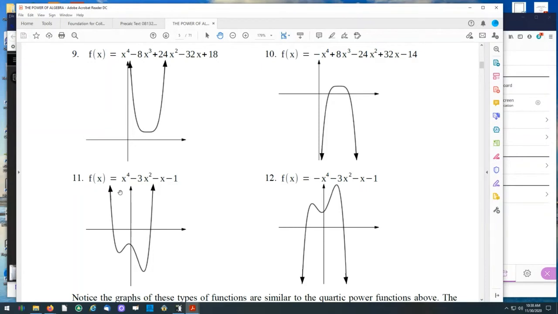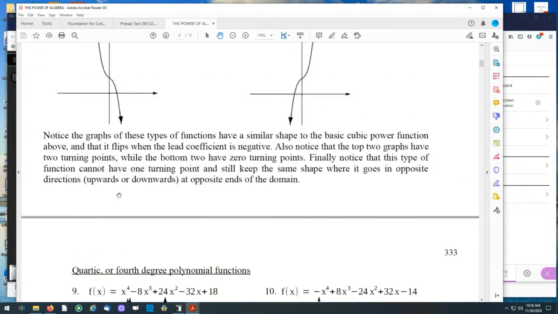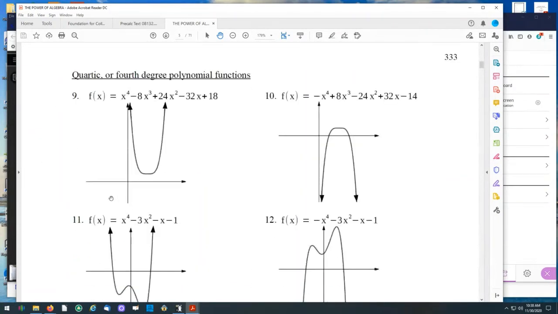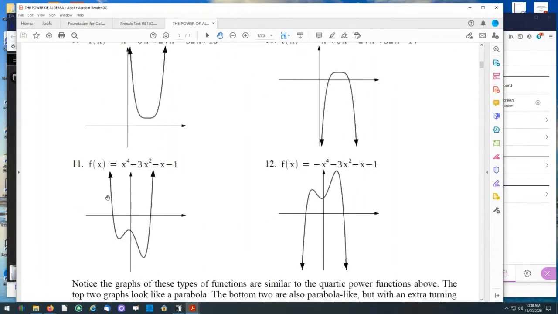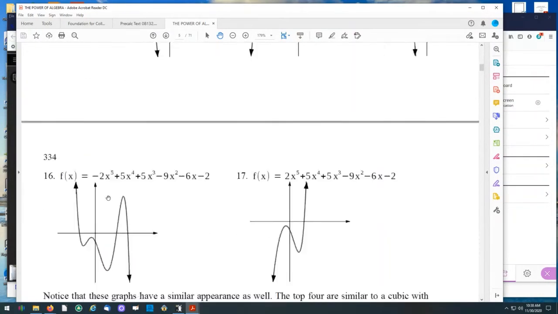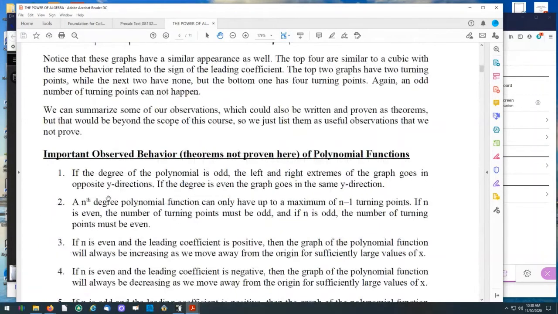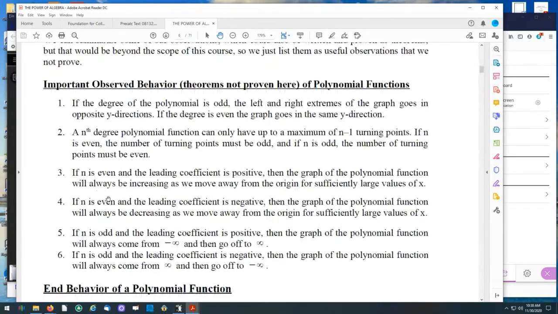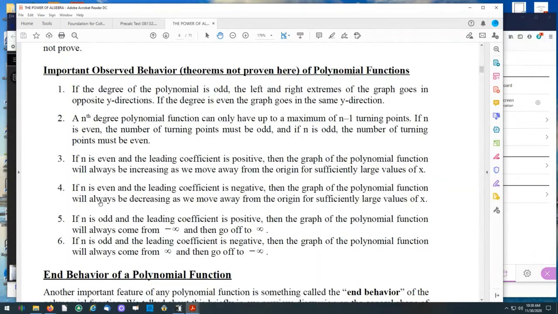So this leads us to some observations that we want to talk about, the turning points and everything else related to these polynomials. Here are the important observations. If the degree of the polynomial is odd, the left and right extremes of the graph go in opposite y directions.